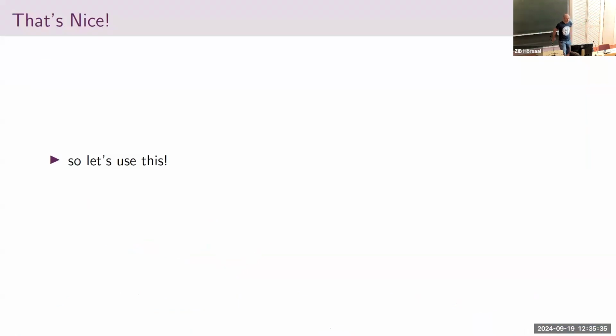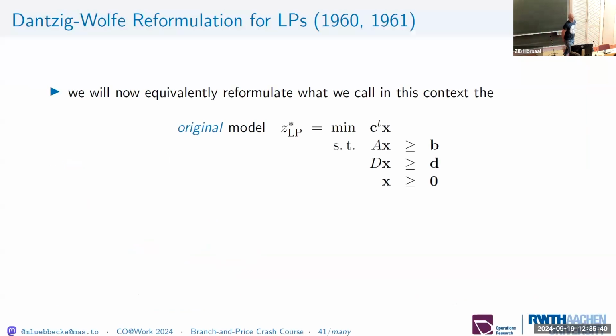So we found it in the literature. Let's use it. And this is what also Dantzig and Wolfe thought when they said, oh, look, there's a theorem. Let's apply it to LPs. And so what did they do? They said, okay, we want to solve a linear program. A linear program typically has several kinds of constraints, like for assignment, for capacities, for implications, for configurations, for sequences, whatever. So here we say we have two kinds of constraints, Ax ≥ b and Dx ≥ d.